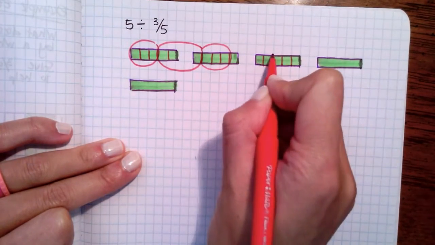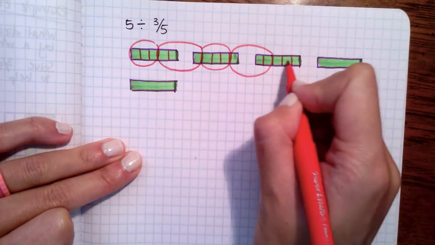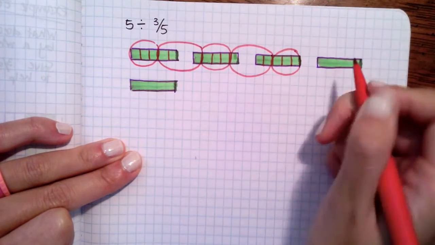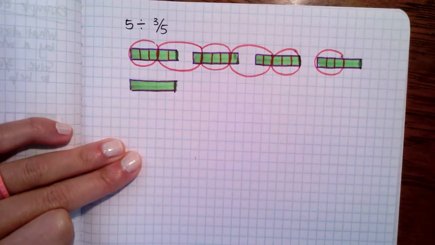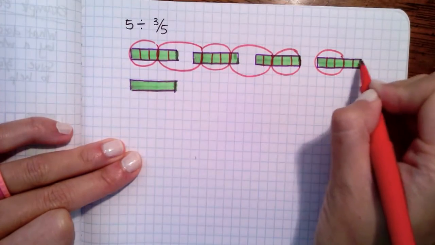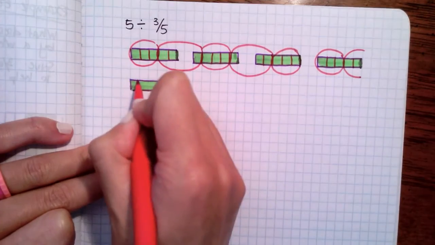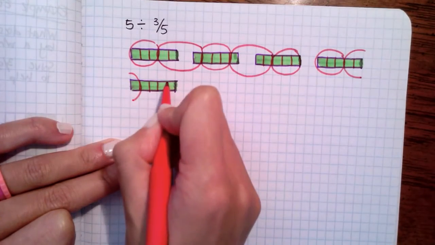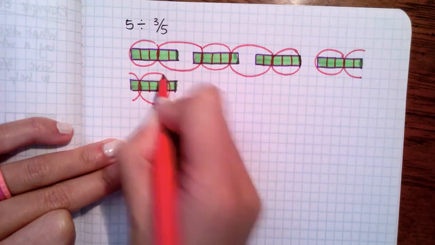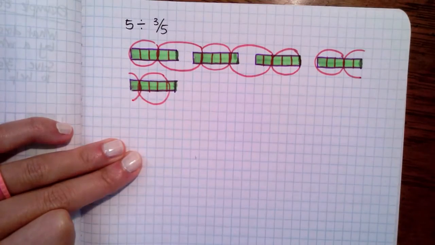Okay, and then here's 1, 2, so you can kind of go like this to show that's one group. And then here's 1, 2, 3. Uh-oh, you're going to have 1 left over, right?